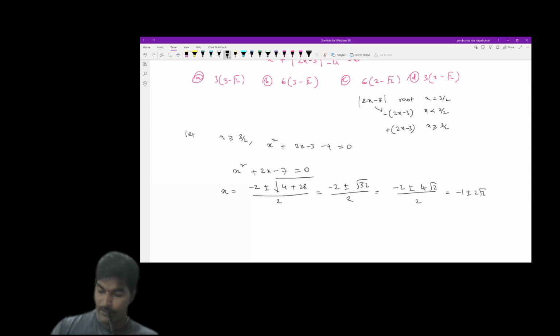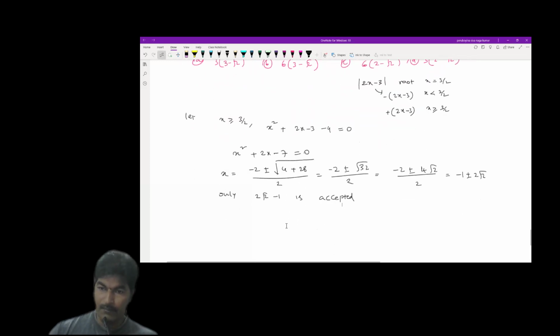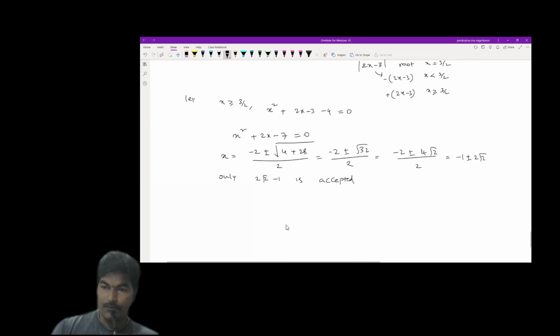So we have two different values here. And only 2 root 2 minus 1 is accepted. Why is only this one accepted? Because x value, we already talked about this. How much is 2 root 2?